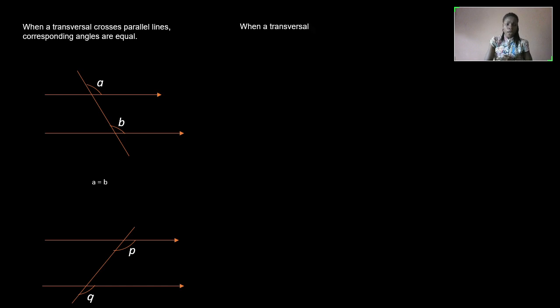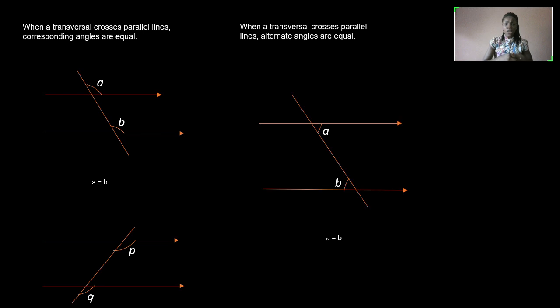So the next one we have is alternate angles are equal. And how do you know when angles are alternating? If you will be able to form a zigzag line, like what we have here. If you watch, we formed Z here.